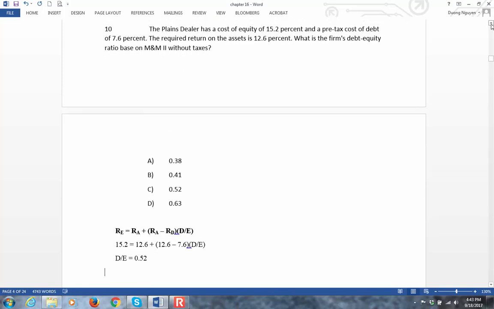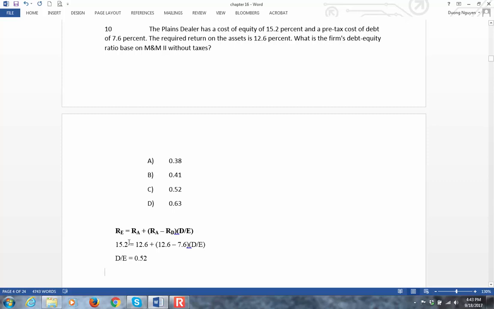The cost of equity is equal to the return on assets plus (return on assets minus cost of debt) times debt equity ratio.